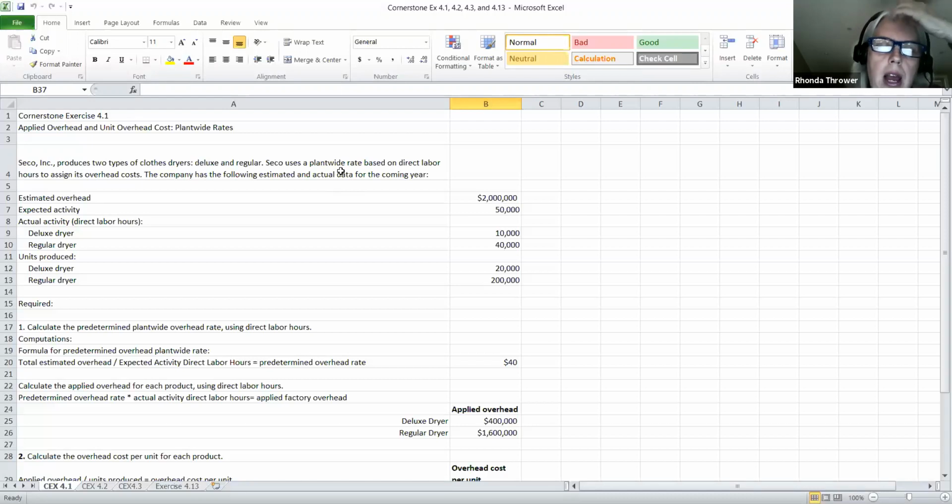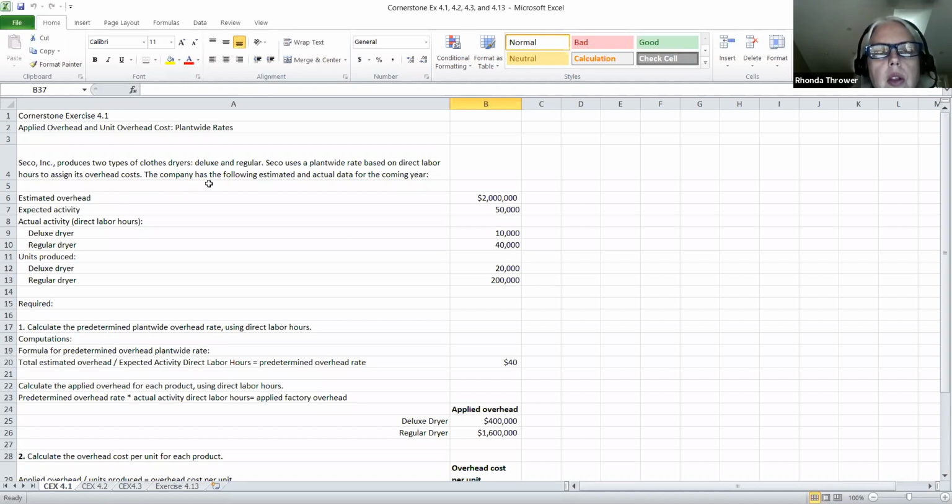And since we are actually producing units in this particular company, our unit rate will be based on direct labor hours in this problem, or it could be based on direct labor cost or machine hours. So in this problem, it is direct labor hours that we're using to assign our overhead cost.